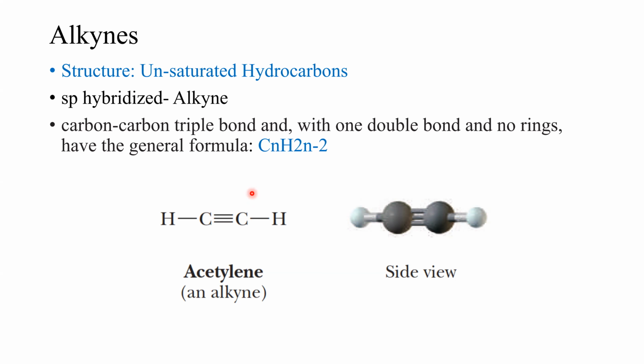So it means two more hydrogens are reduced from the alkene structure. That is again applicable only for open chain structures which have only one triple bond.